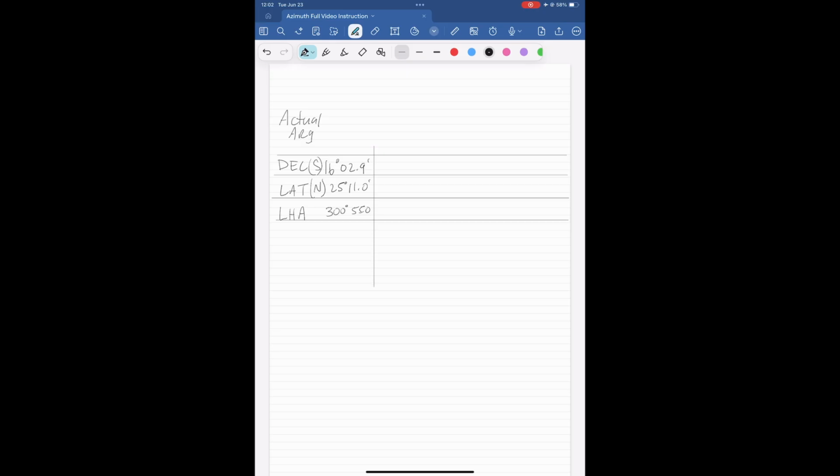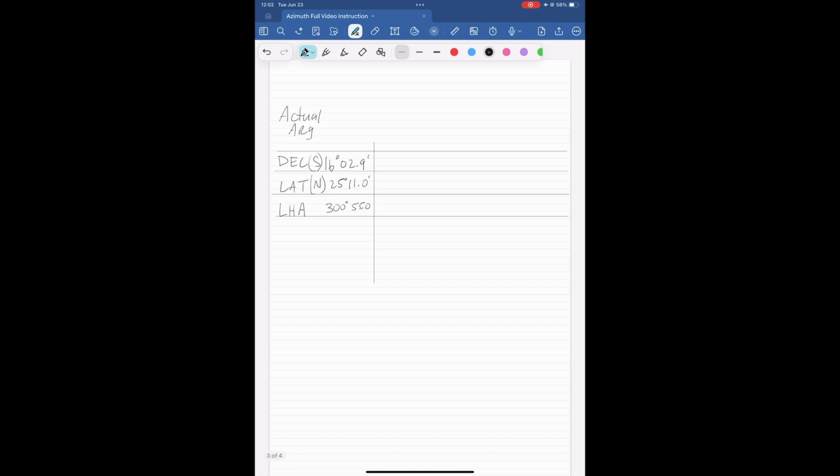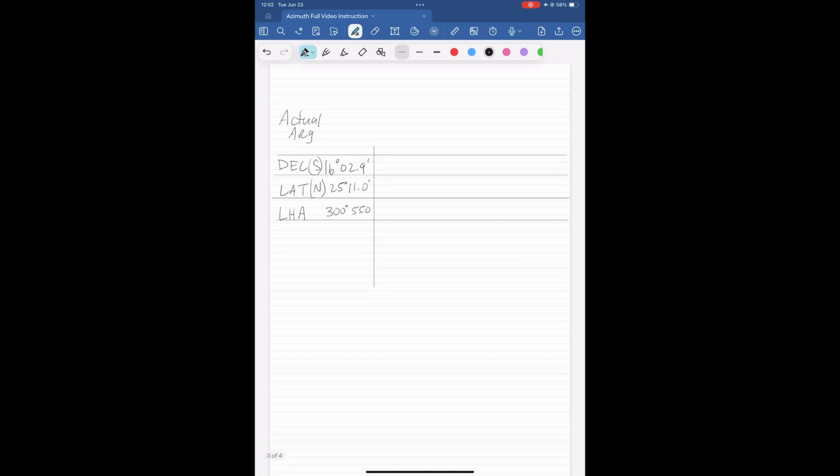Okay. So now we're going to go with our base arguments, and that is south 16 degrees, north 25 degrees, 300 degrees. Okay, that's our base arguments.